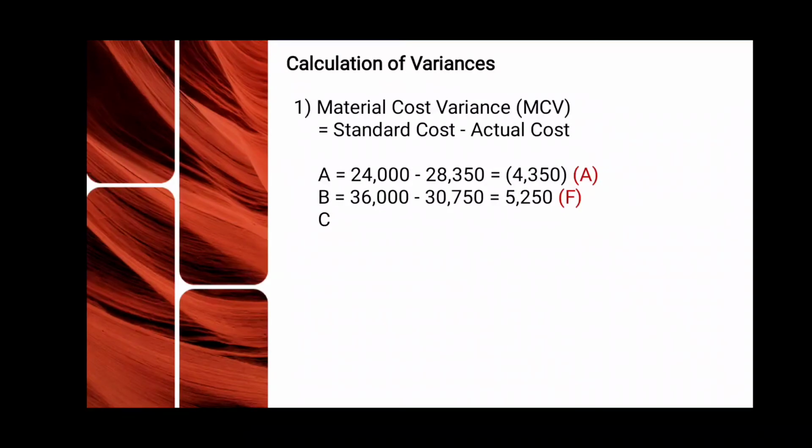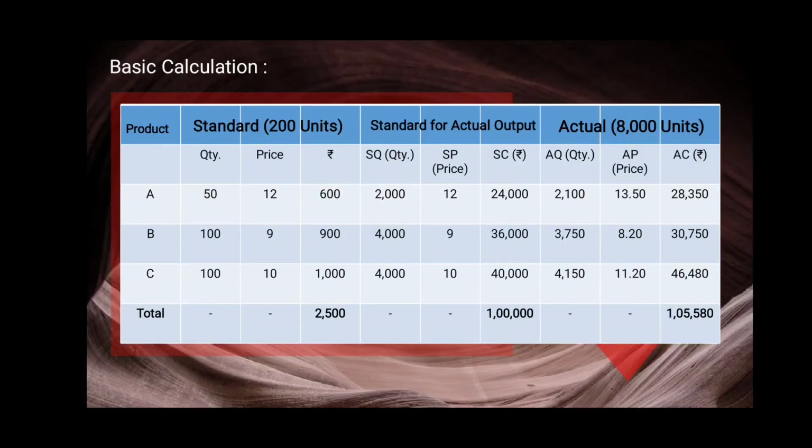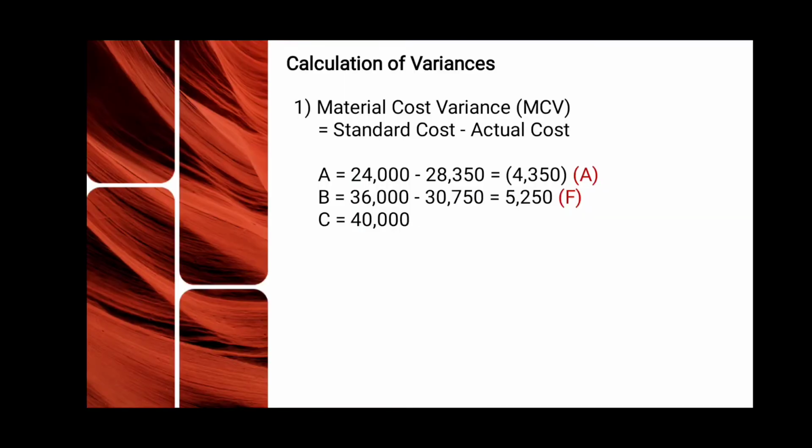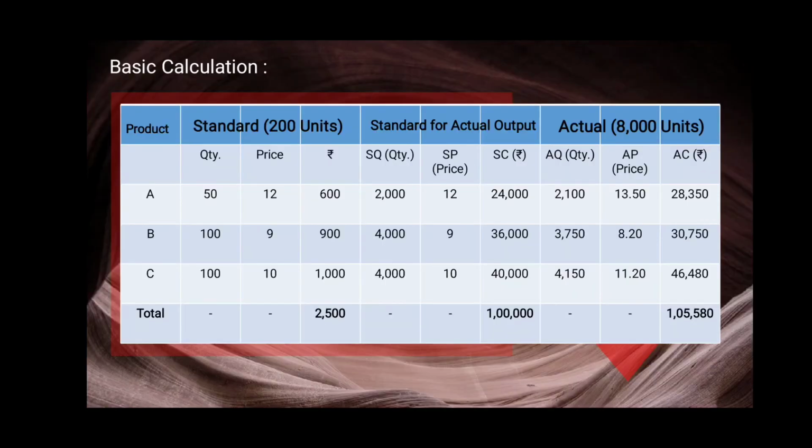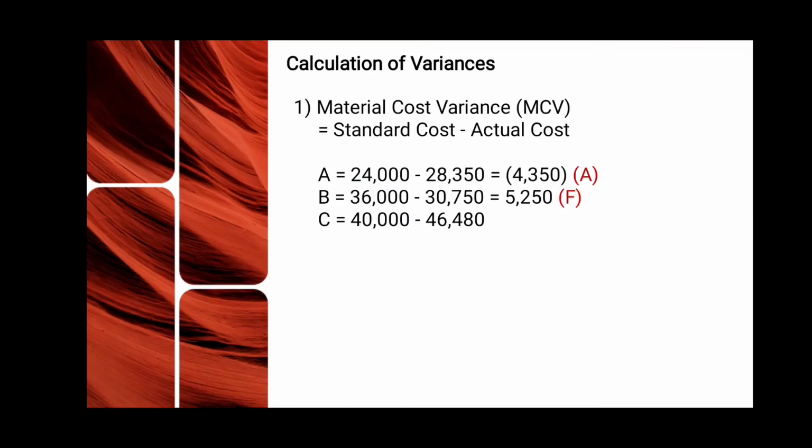For material C, standard cost is rupees 40,000 minus actual cost is rupees 46,480, which will be equal to rupees 6,480. So we'll mark it as F. F means favorable.